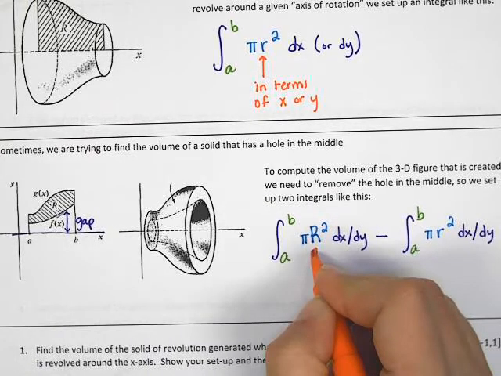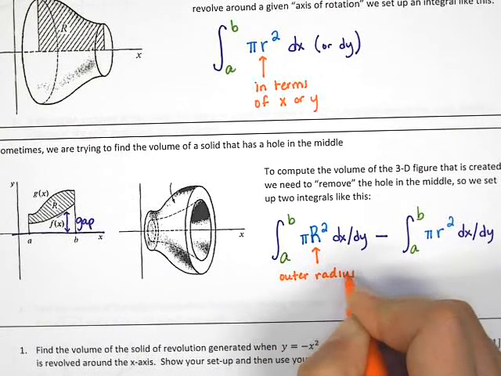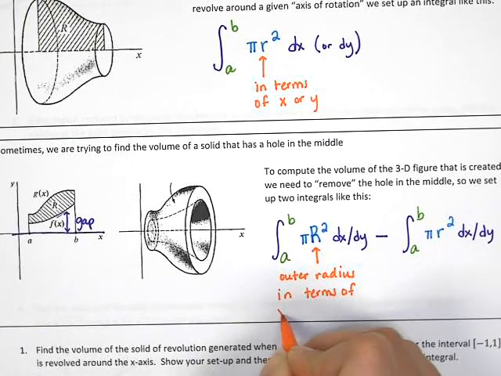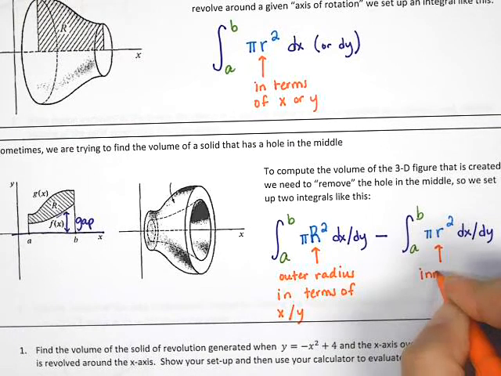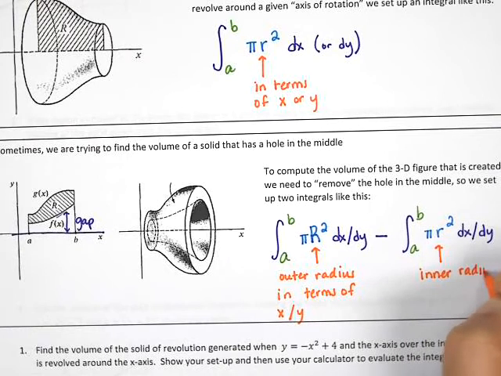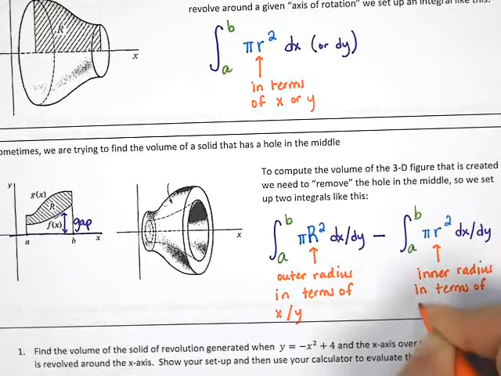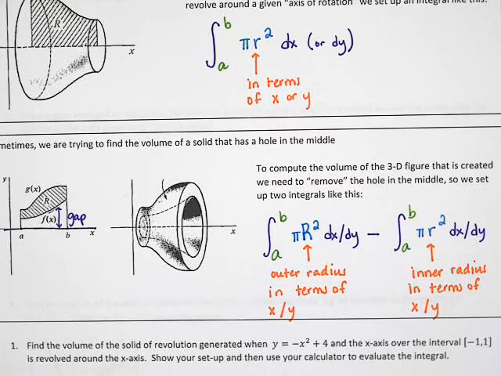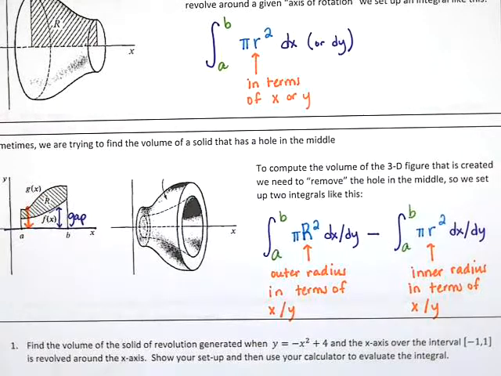Now, what do this big R and this little r stand for? The big R stands for the outer radius in terms of X or Y. And the little r stands for the inner radius in terms of X or Y. So in this picture, if we wanted to label our big R and our little r, big R would be the outer function minus the axis.